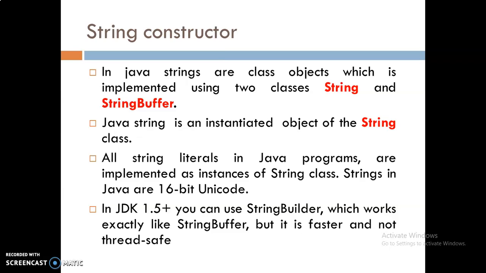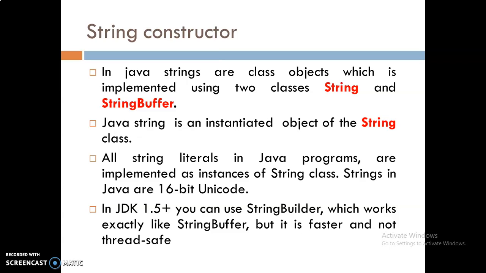Whenever we are talking about the Java string, it is based on two class objects implemented for strings. These two classes are the string class and the string buffer class. So a Java string is an instantiated object of the string class. It is a kind of object from the string class.